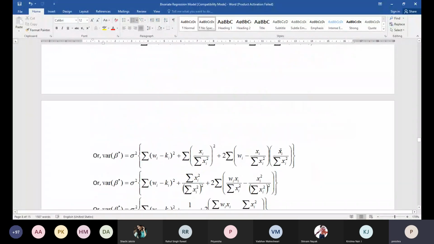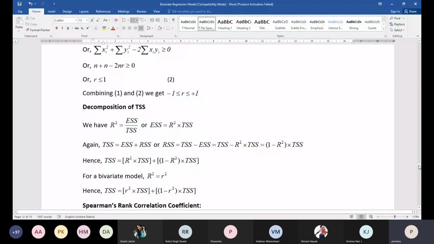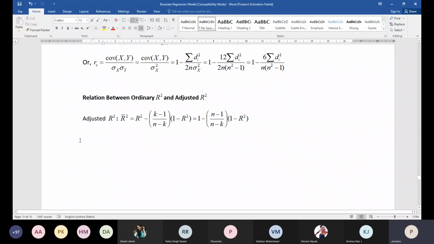That is the concept of adjusted R square. What I said yesterday, this adjusted R square is nothing but the value of ordinary R square with adjustment for the degrees of freedom. So here we are adjusting for the degrees of freedom. Let us start with this concept of adjusted R square.